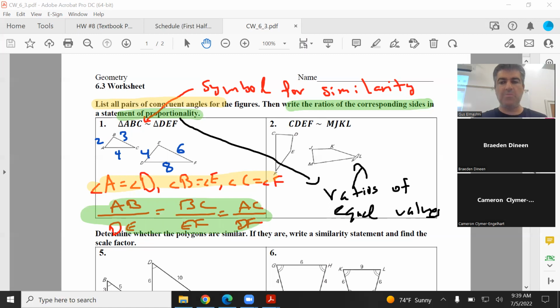And what is a ratio? Just a fraction, right? Just a fraction. So AB over DE, when you write that fraction, it's the same value as BC over EF. That's the same value as AC over DF. So that's all. This is kind of a big idea for us in geometry, similar triangles. Questions?